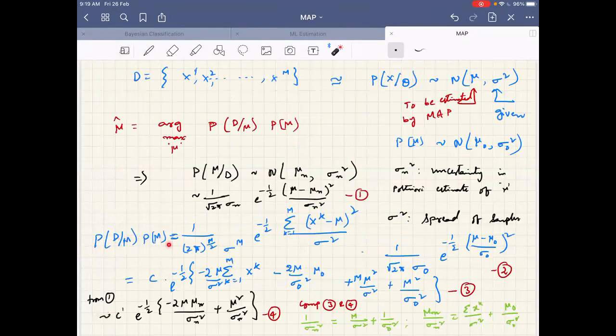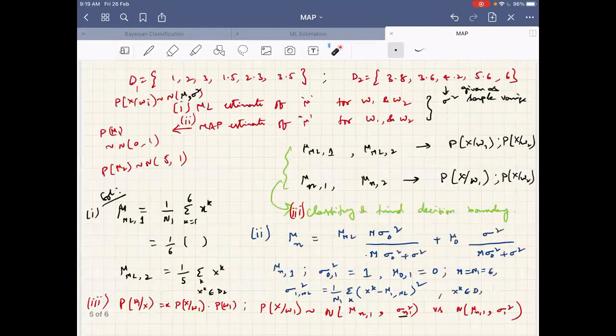Like I have done here, the variable has to be sigma square itself: P of D given sigma square times P of sigma square, and then solve, differentiate with respect to sigma square, or do some comparisons, and finally get the estimate of sigma square. Is this discussion clear?